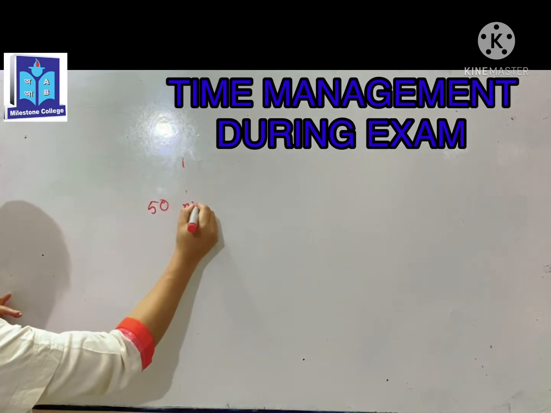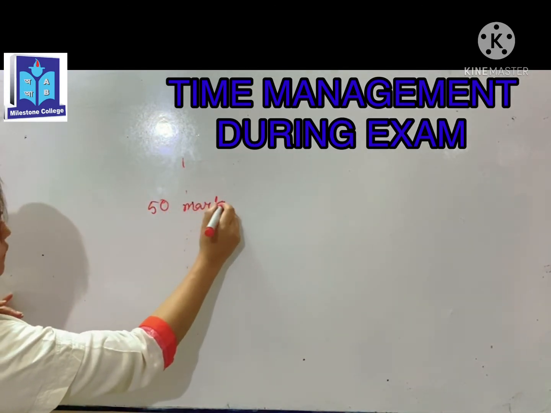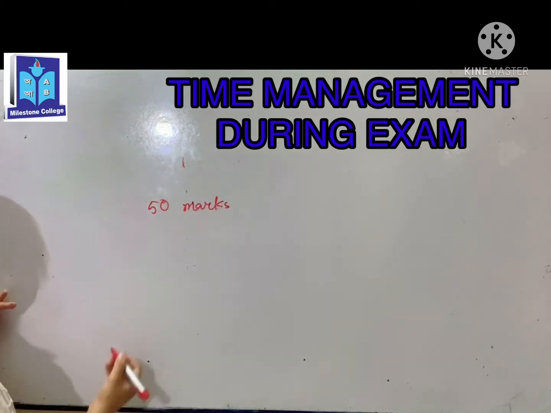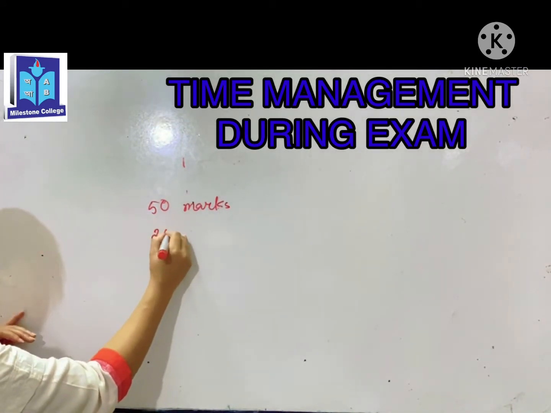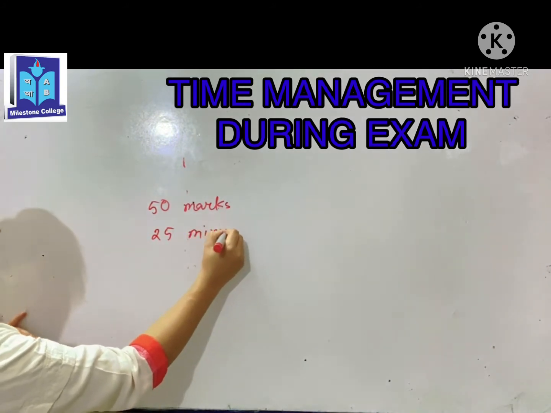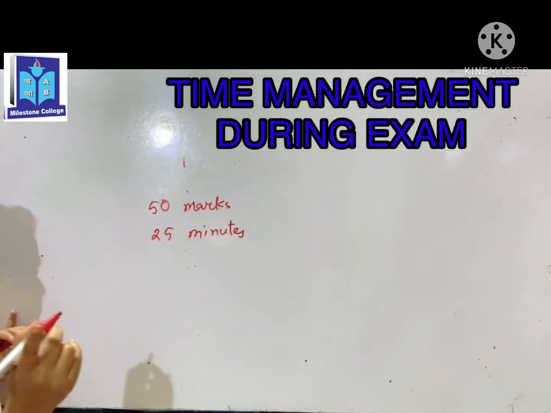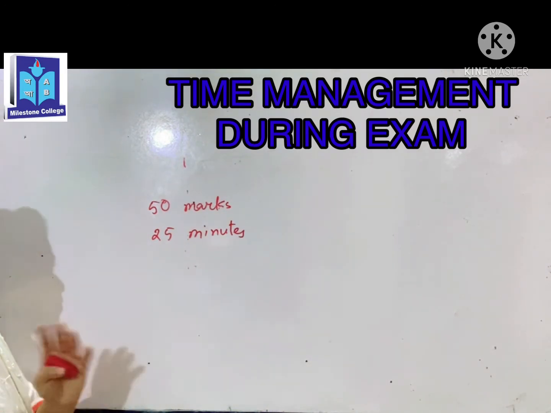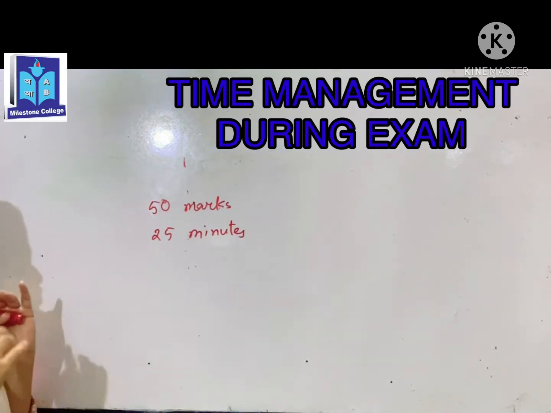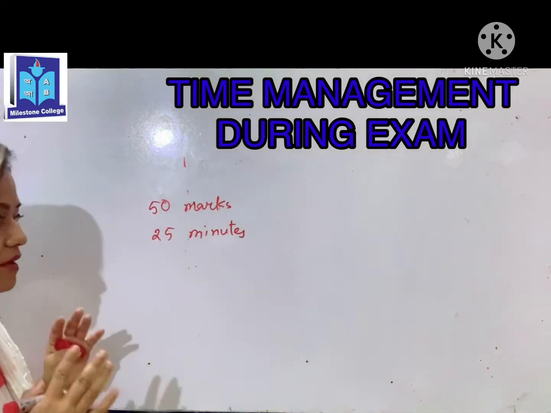50 marks questions, 50 marks for your overall answering, and you will have on average 25 minutes, right? Only 25 minutes for answering each question, right? So at first you need to choose. You already know how to choose the questions to answer effectively.